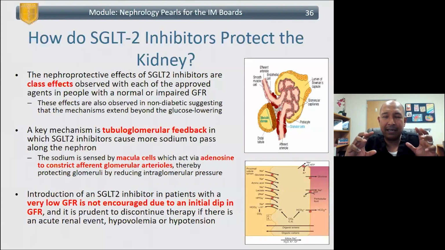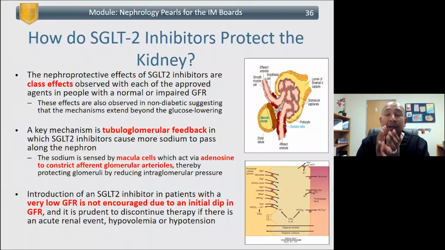In your nephron, you have an area with a connection between the afferent arteriole, which carries blood coming from the aorta to the renal artery to the afferent, and eventually, after that fluid gets filtered to the proximal tubule, it makes its way to the distal. There is something called the macula densa, which senses the amount of sodium approaching in the distal tubule, and it sends signals back to the afferent arteriole to manipulate it, and it does this through adenosine.